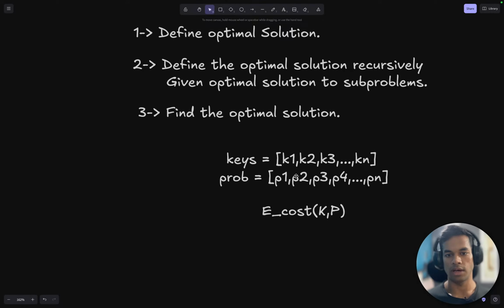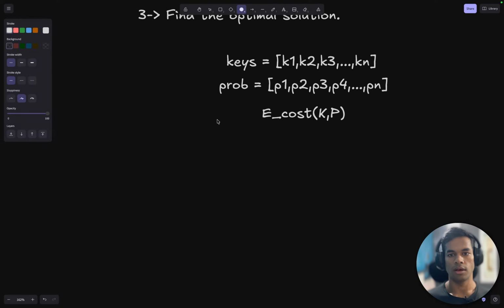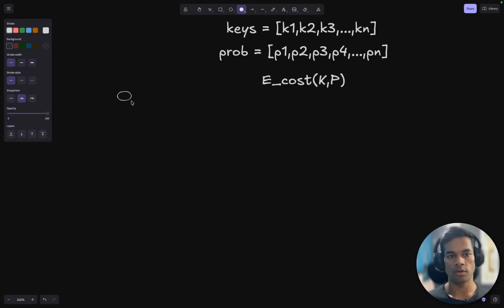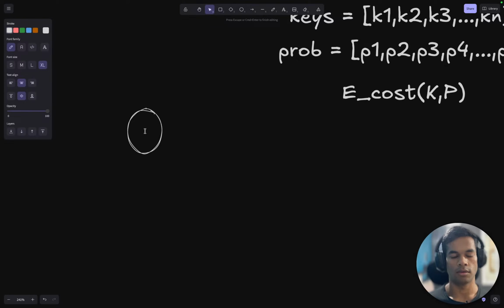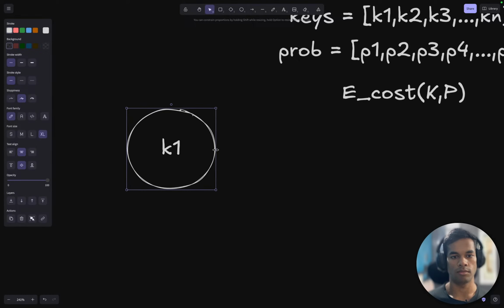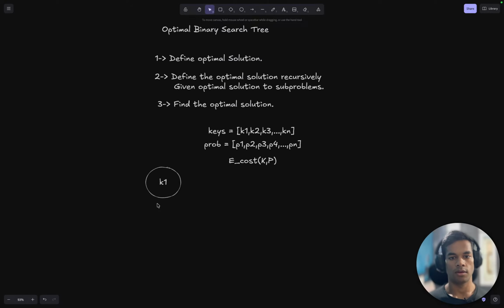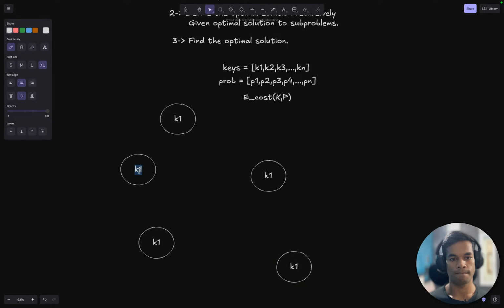Let's say we do have an optimal solution, and let's use not a general tree, but a tree with 5 nodes: 1, 2, 3, 4, and 5.